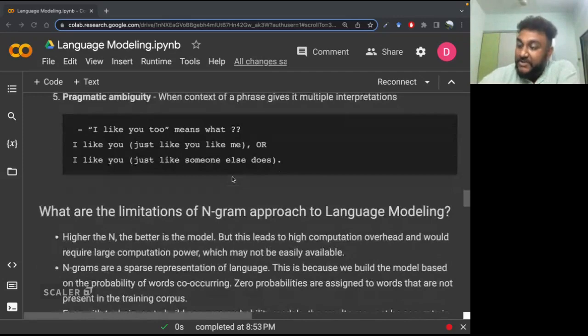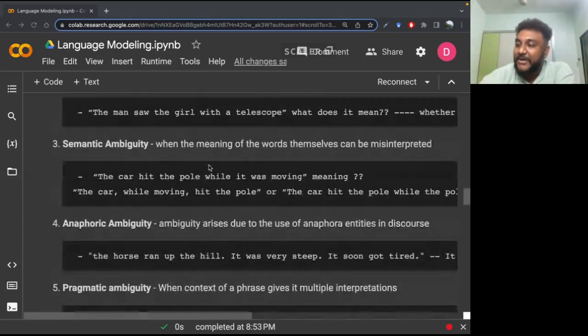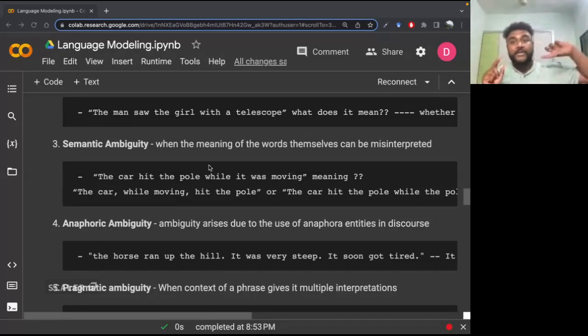Okay. So this is actually the limitation of the n-gram approach to language modeling. Contextual information like long-range dependencies cannot be captured through the n-gram model. To solve this problem, we'll have to wait till we come to transformer models. The whole reason why ChatGPT is able to give you very confident and good sounding answers, right, is because it is able to remember the context it has talked about 3 sentences back.